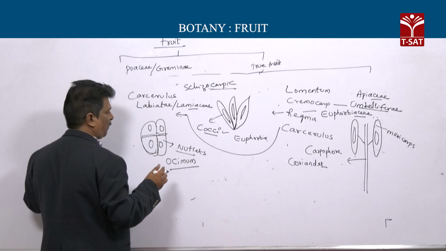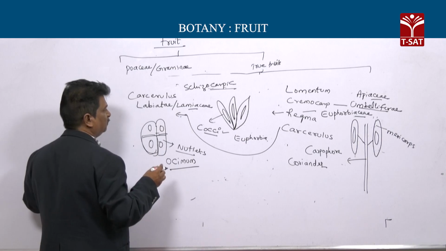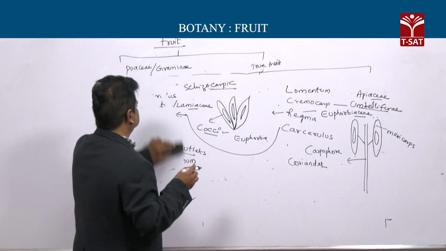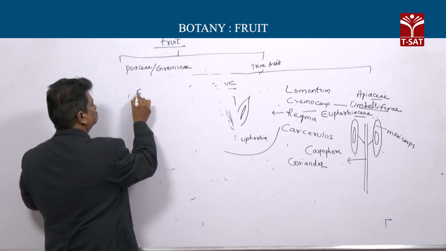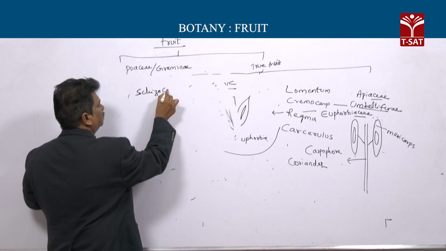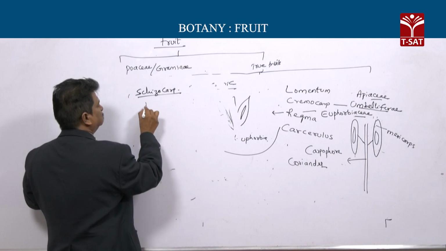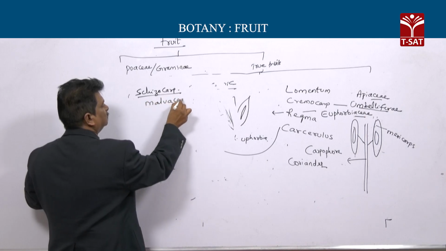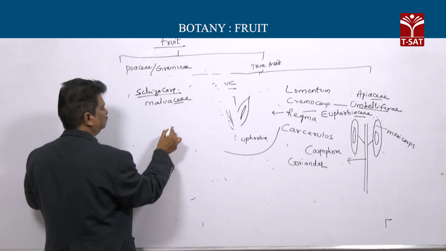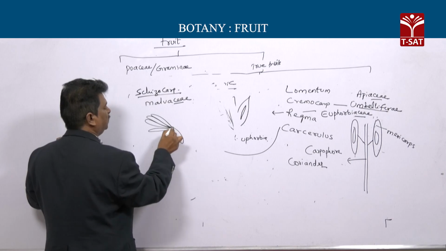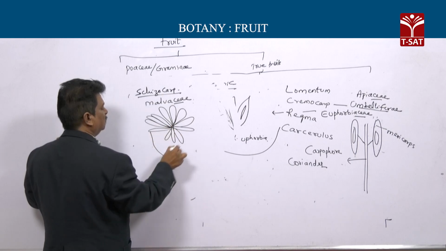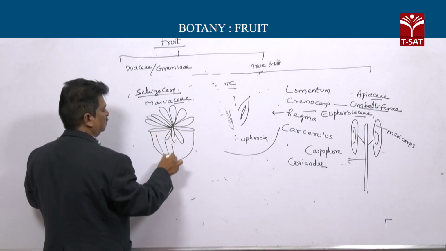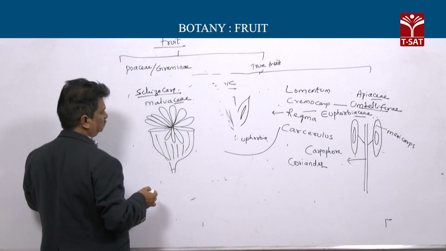Another type of schizocarpic fruit is the schizocarp. This schizocarp fruit is common in the Malvaceae family. It is developed from a multicarpellary, syncarpous, multilocular, superior ovary.